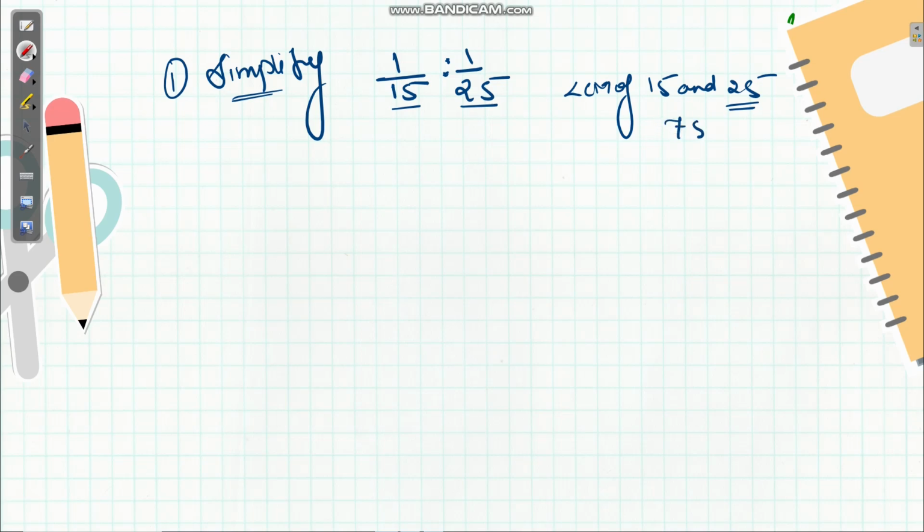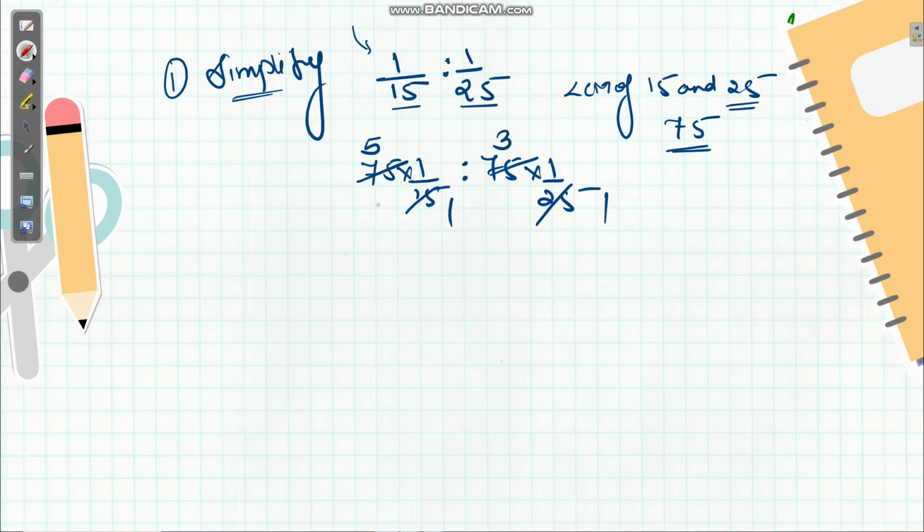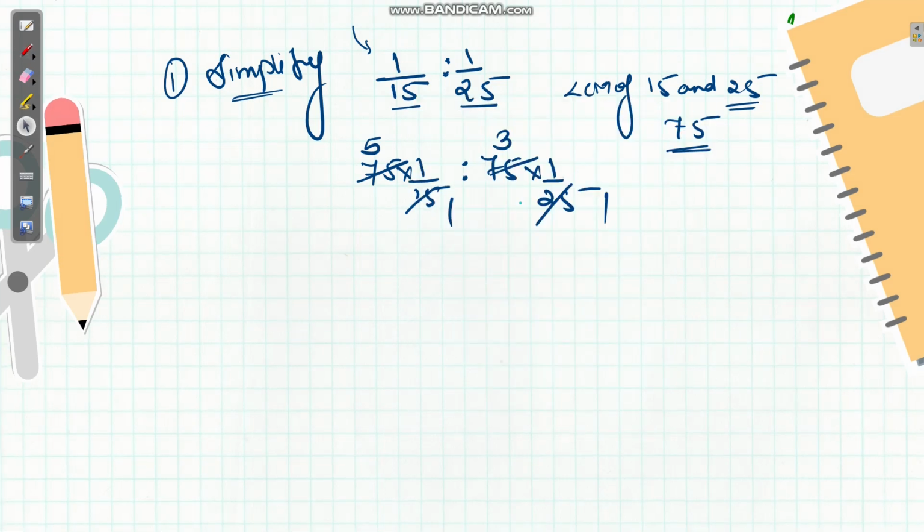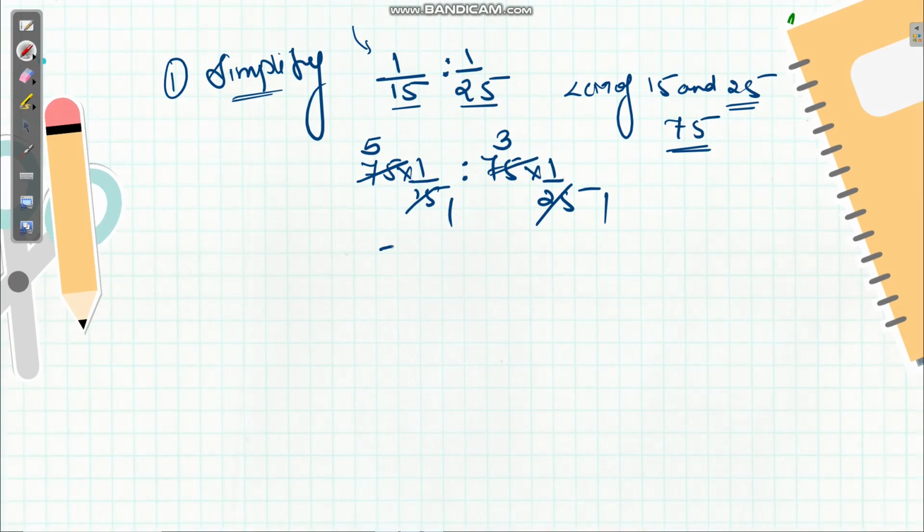The LCM is 75. So whatever your LCM is, you just multiply it with both the fractions, that is 75 into 1 by 15 is to 75 into 1 by 25. 15 into what gives me 75? 15 fives are 75, and 25 threes are 75. So what is remaining over here is 5 is to 3. So 5 is to 3 is the answer.